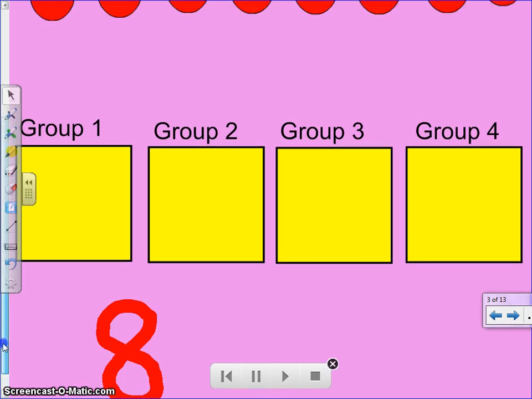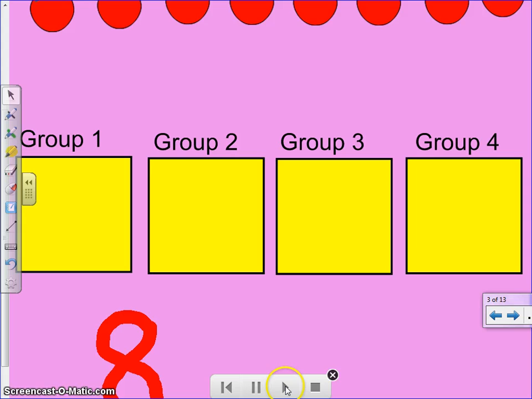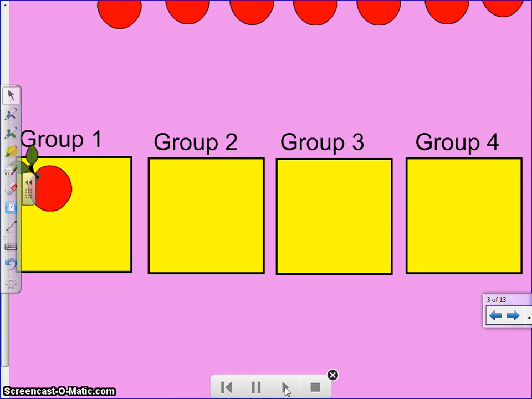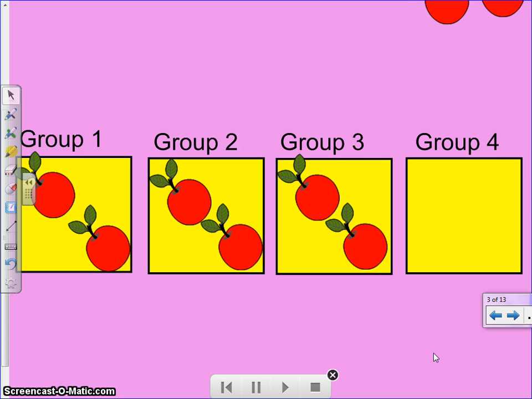Okay, let me slide up a little bit. We're going to divide 8 apples into 4 equal groups. So 1, 2. I'm taking these apples and I'm dividing them equally. Notice how I'm putting the same amount in each group.